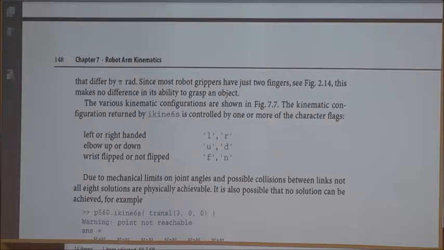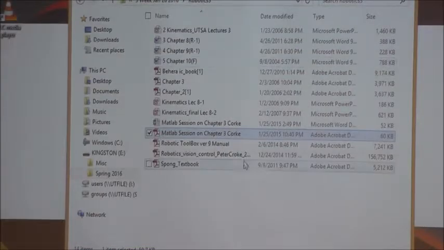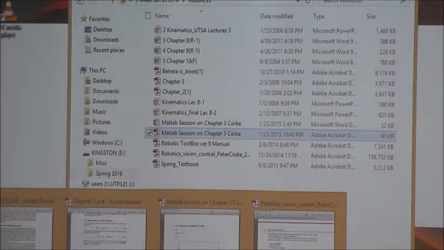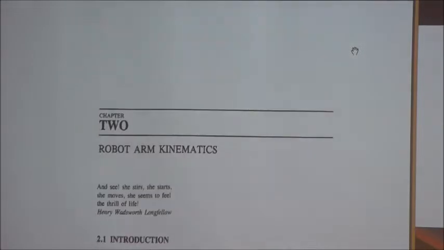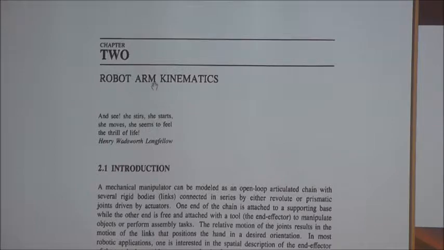So to appreciate the enormity of the problem, I will take you to chapter 2 of the book, which should be on your blackboard, chapter 2 of Robot Kinematics by Fu et al., late Professor Fu of Purdue University.